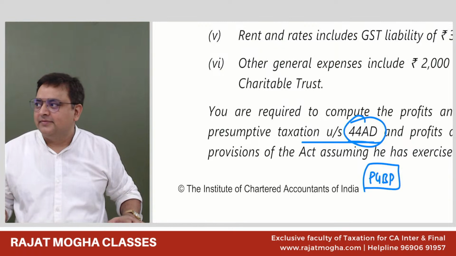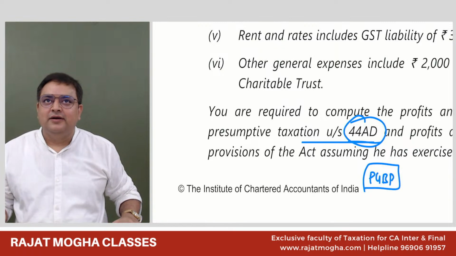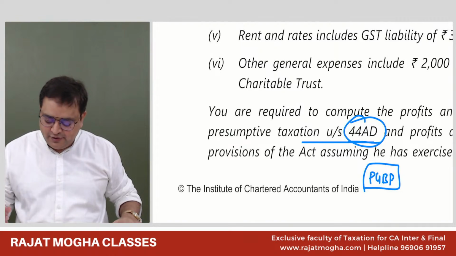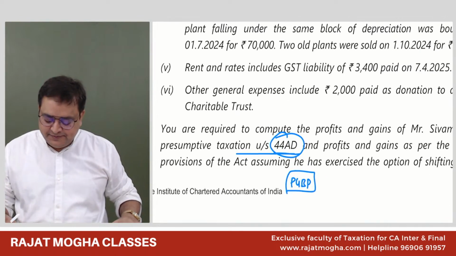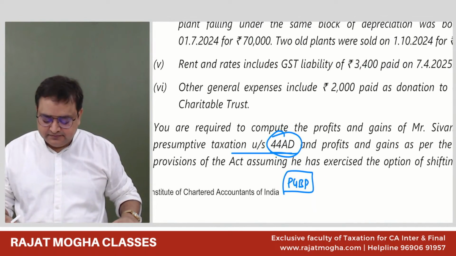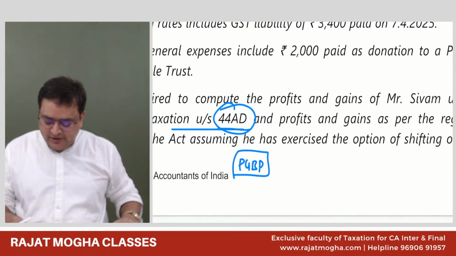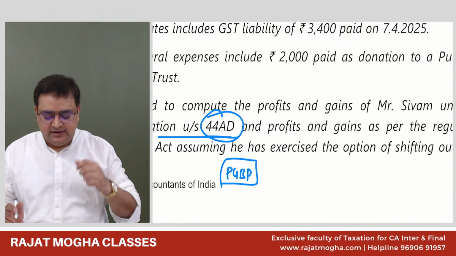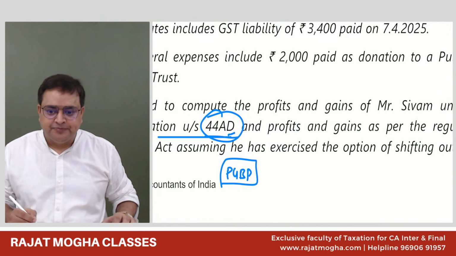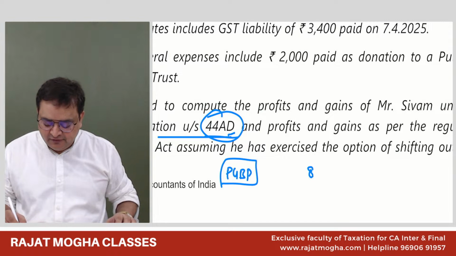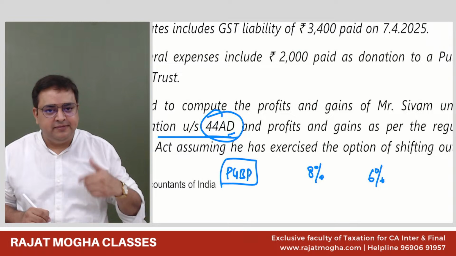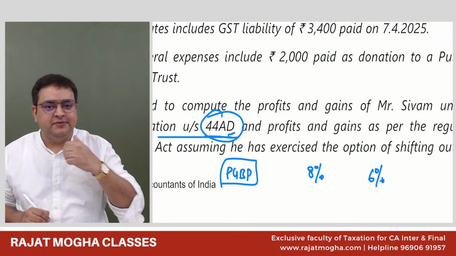Anybody? 8% of turnover, or 6% of turnover. Good, very nice. 8% of turnover, and 6% of turnover if it is received through banking mode. So the PGBP income under 44AD is either 8% of the turnover or 6% of the turnover.